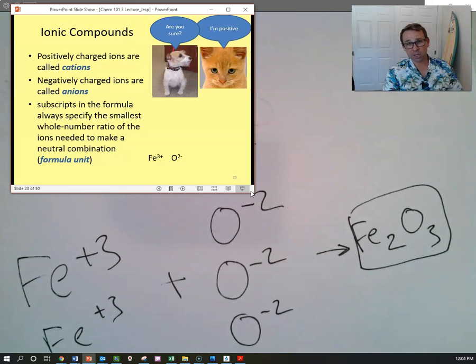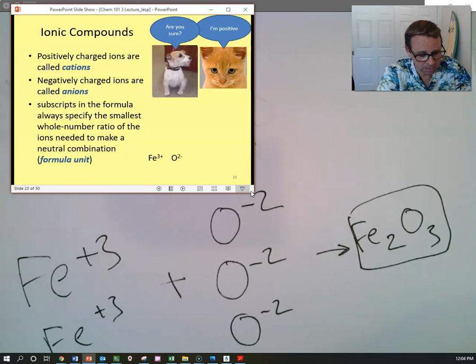Now let's remind ourselves what the term ionic compound means. We said we could recognize an ionic compound because it contained a metal, right? But a more refined definition of an ionic compound we decided was it's a compound that is made of ions, right? Which is a boring name, boring title.